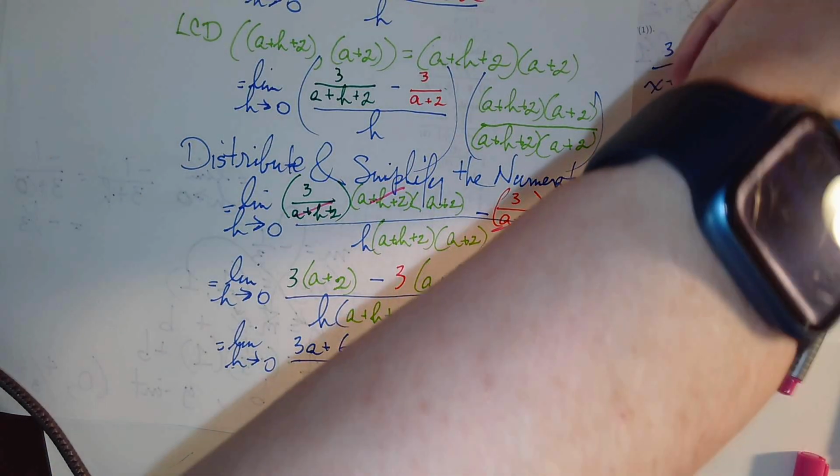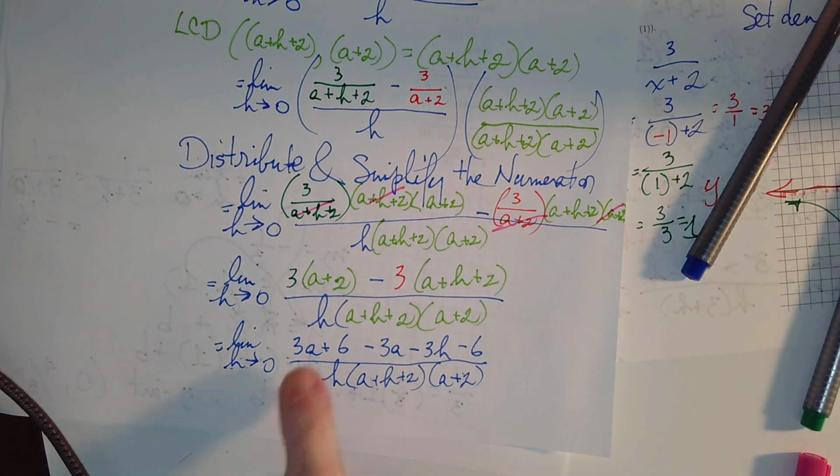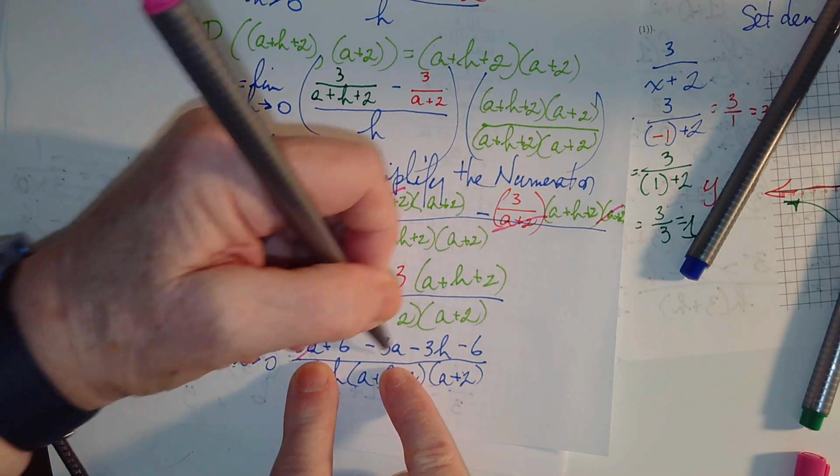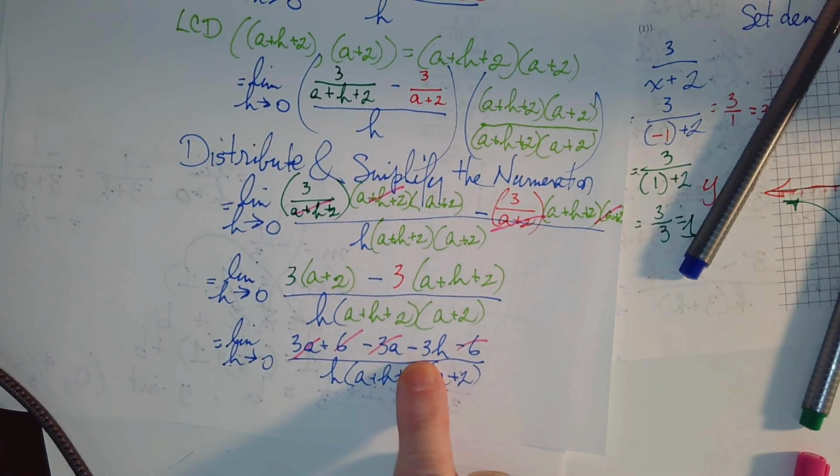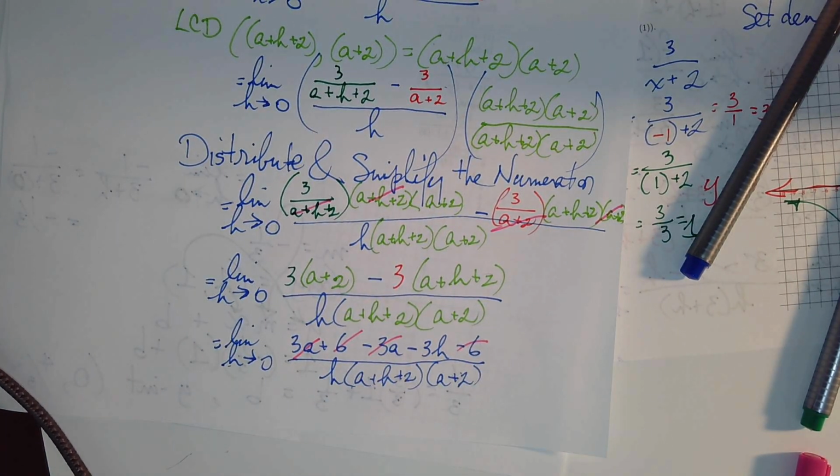Yes, groovy. And we have a 3a minus 3a and a 6 minus 6. So we're left only with negative 3h in the numerator.